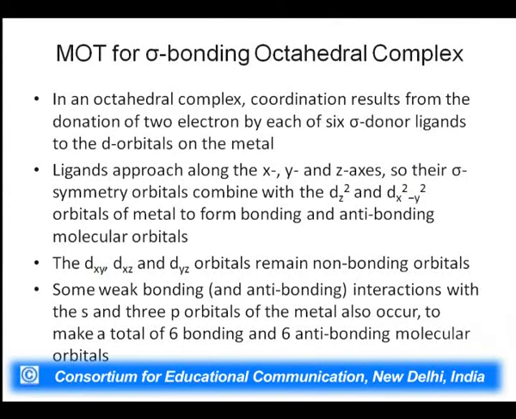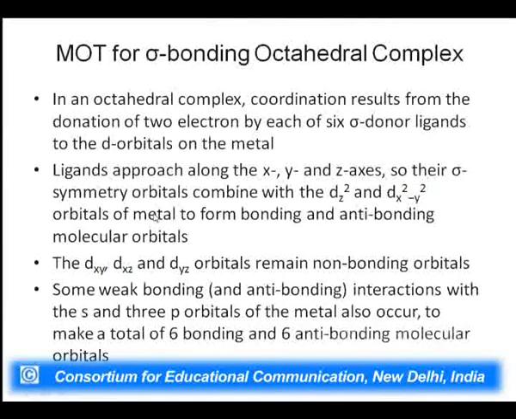For obvious reasons, because dz square and dx square minus y square have their lobes along the axes, whereas the other 3, dxy, dxz and dyz, have their lobes between the axes.